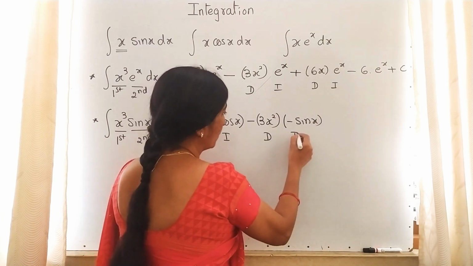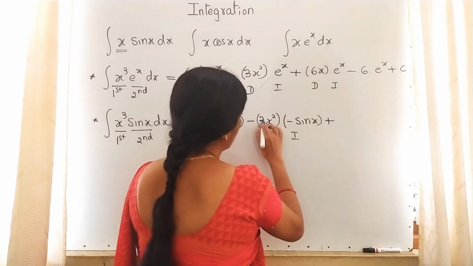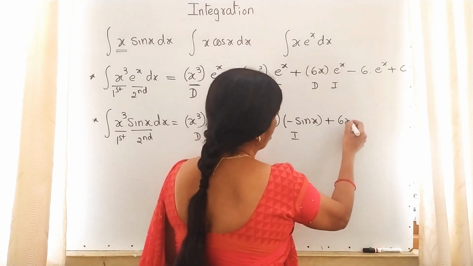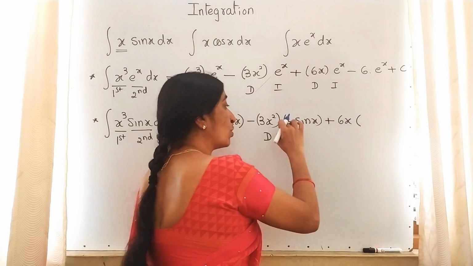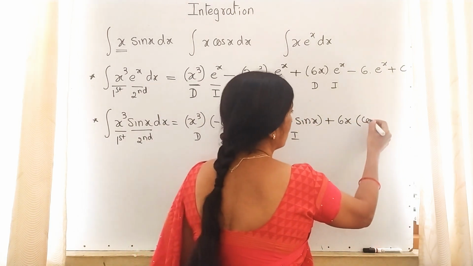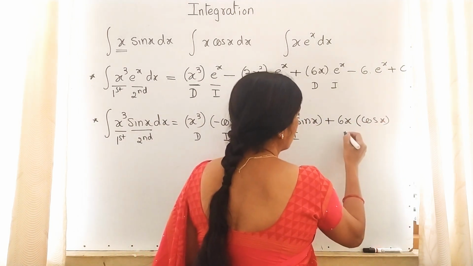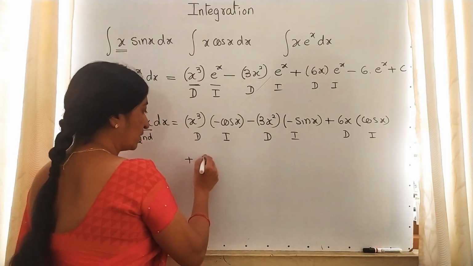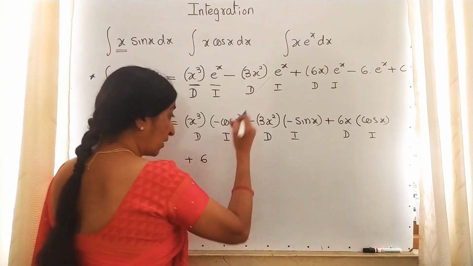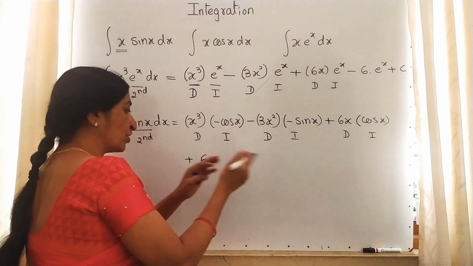Don't mix with this. At last we will mix. This is d, this is I. Plus 3x square is 6x. This is integration of sin is minus cos, already minus is there. This is d, this is I. Plus differentiation of 6x. I wrote d because we are differentiating.